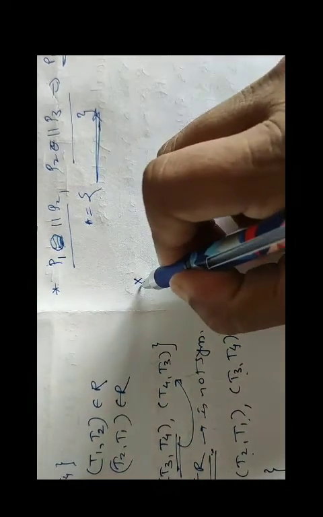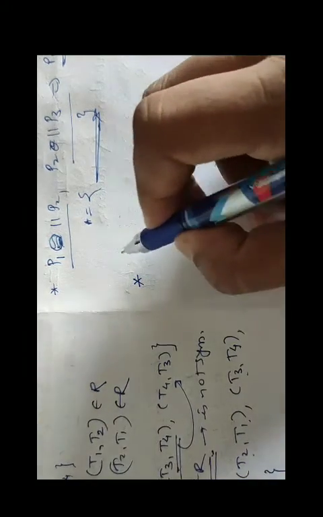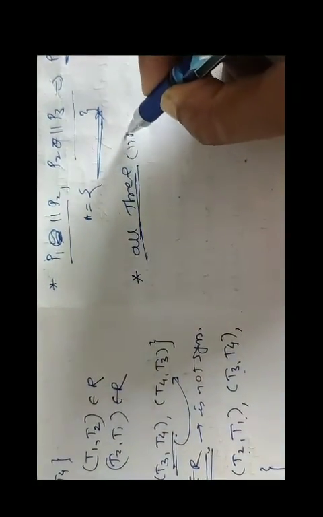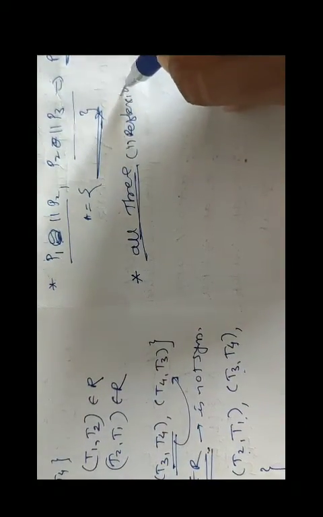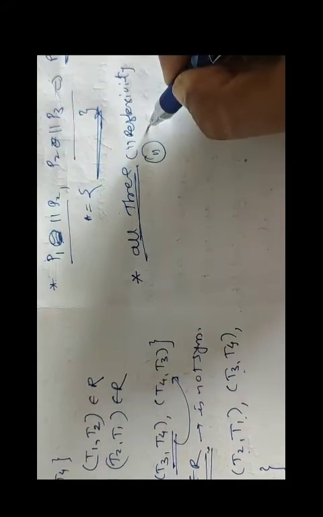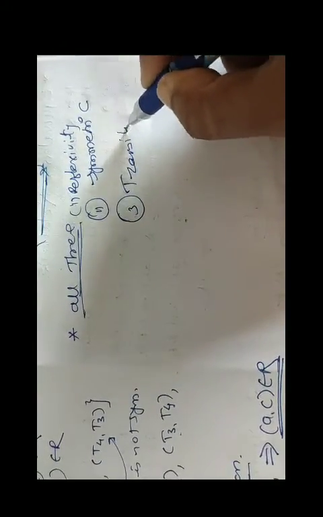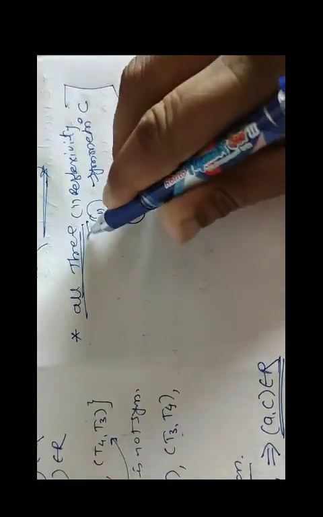And if a relation satisfies all these three properties, that means first reflexivity, second symmetric, and third transitive, then the relation is called an equivalence relation.